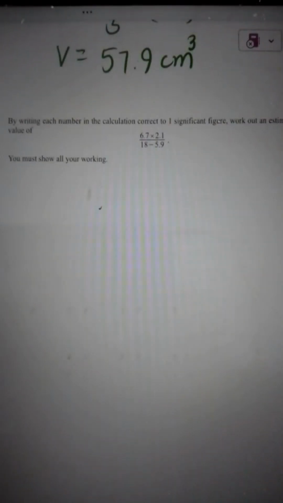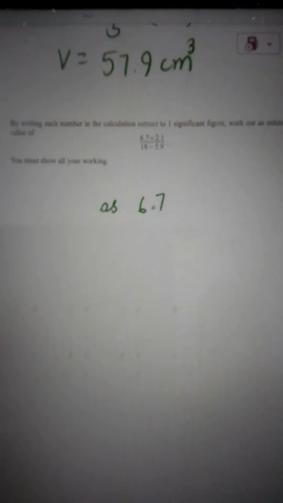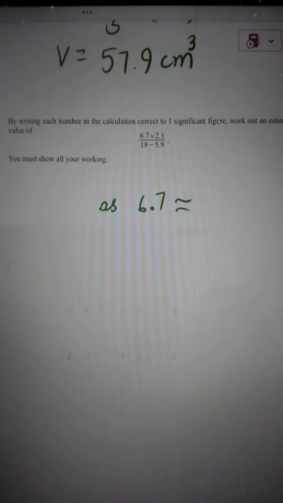So let us do. How can we do this? It is as 6.7 can be approximately written as 7, and 2.1 is close to 2.